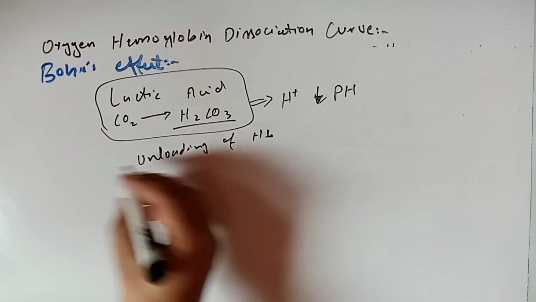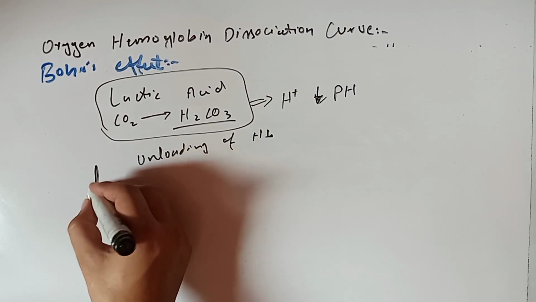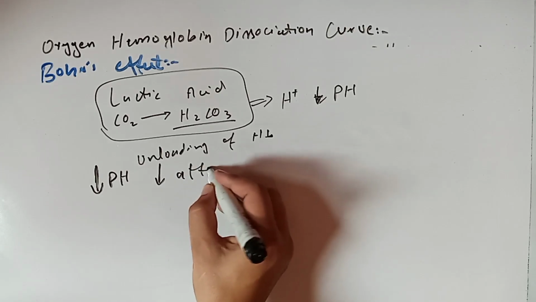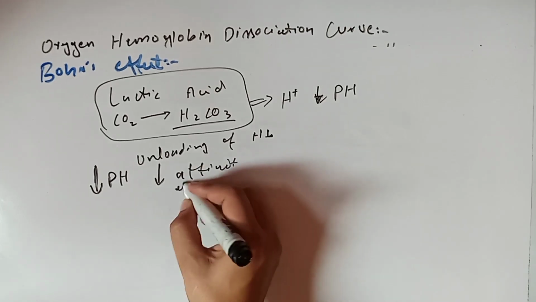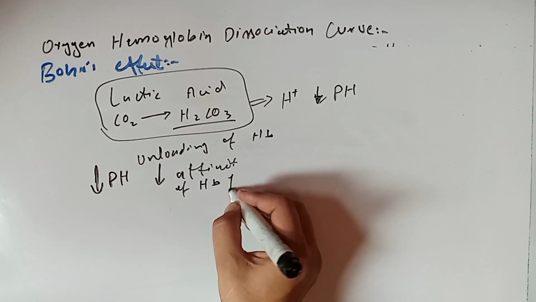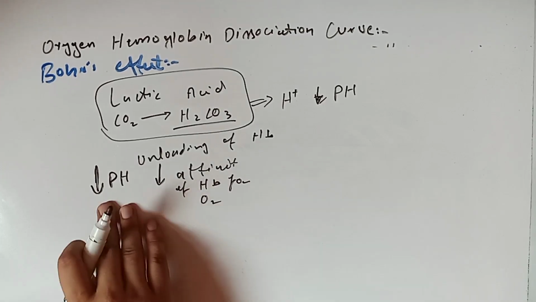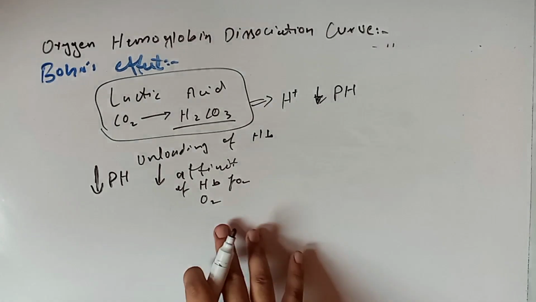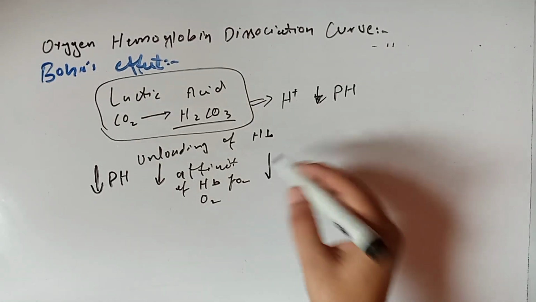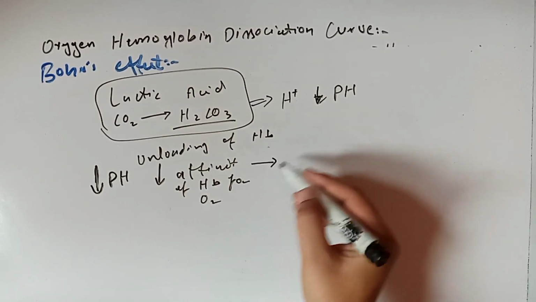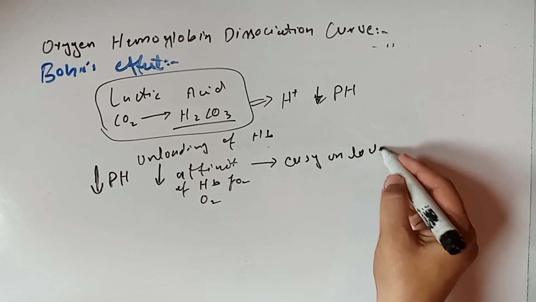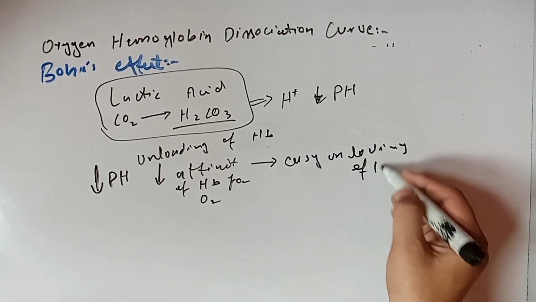So when pH decreases, the affinity of hemoglobin for oxygen decreases, and when the affinity of hemoglobin for oxygen decreases, what happens? There is easy unloading of oxygen from hemoglobin.